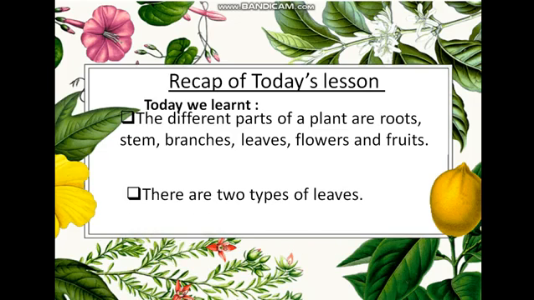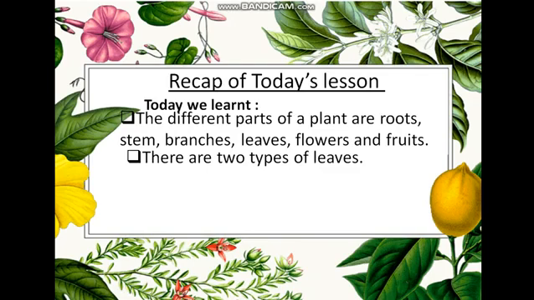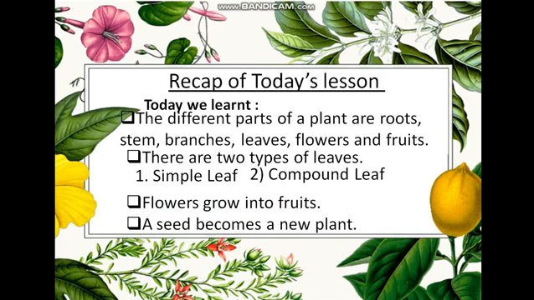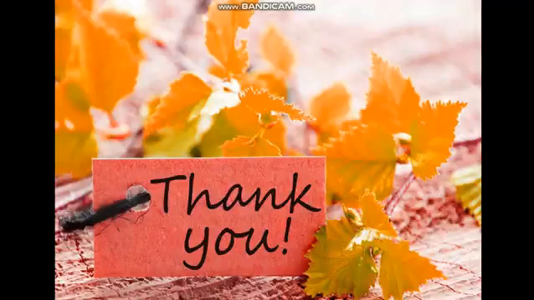Very good. There are two types of leaves. Just recall what they are. The first one is simple leaf and the other one is compound leaf. Flowers grow into fruits, and what does the seed become? A seed becomes a new plant.